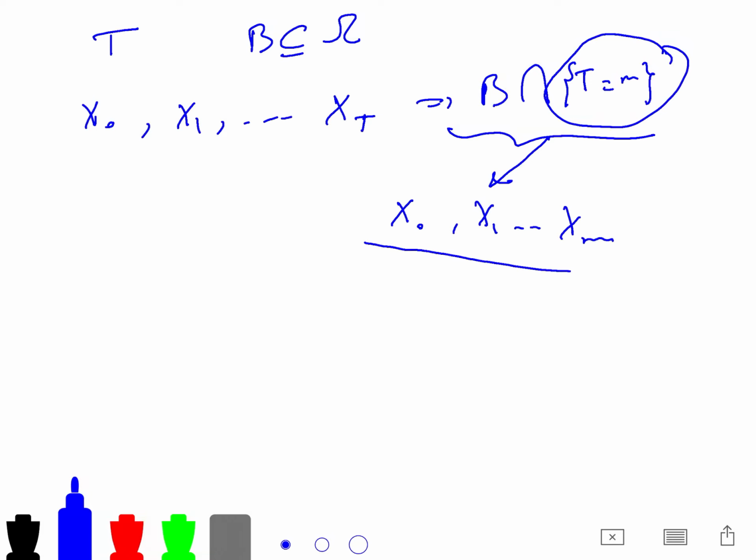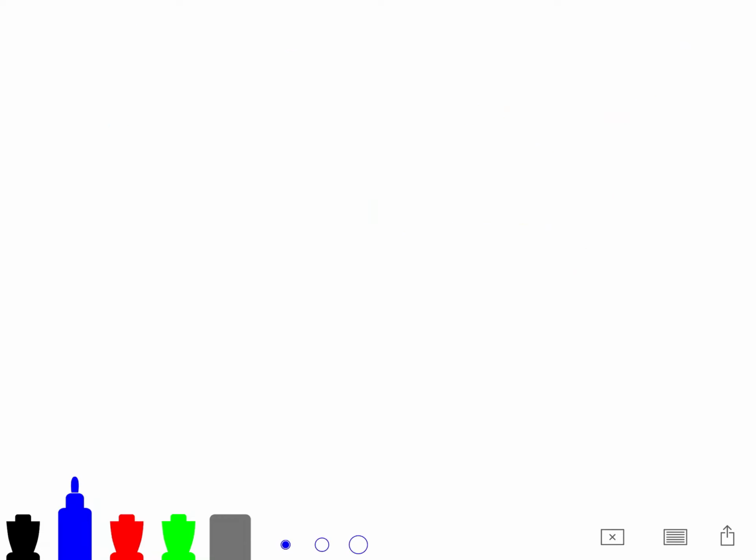As I said, we just need these sets before the stopping time to understand the process, to understand the dependence. So independent variables and dependent variables are very important things.